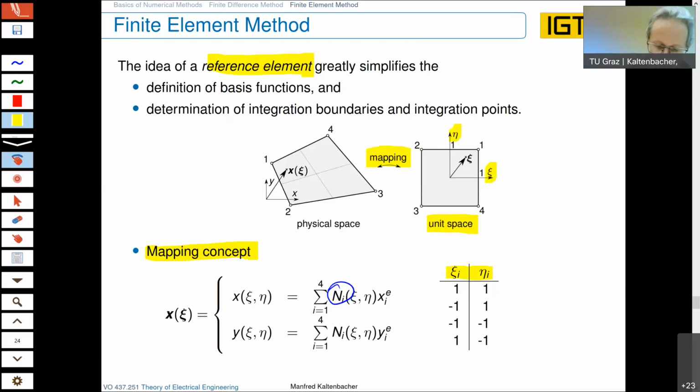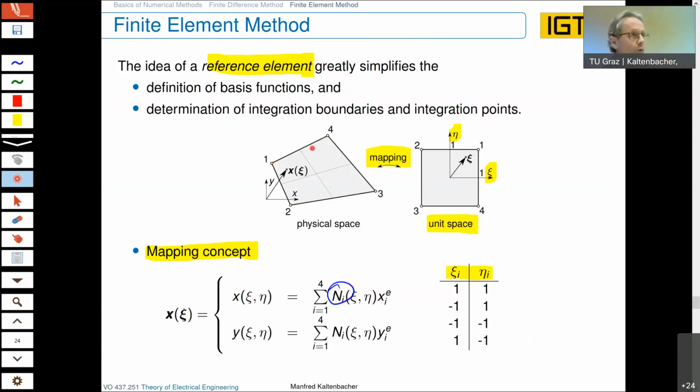And now you can say, we have to find the basis function, sometimes called shape function or interpolation function, in such a way that we can evaluate the global x coordinate at any position xi, eta by this ansatz here. And this x_i^e means this is really for the element e, the global x coordinate for node 1, node 2, node 3, node 4.